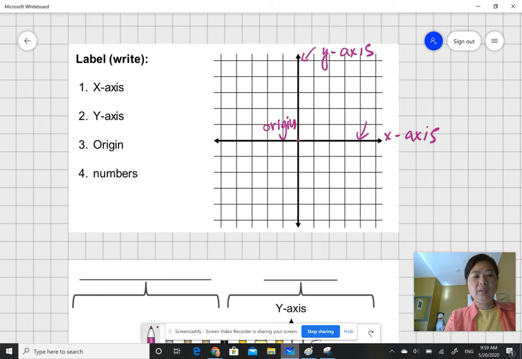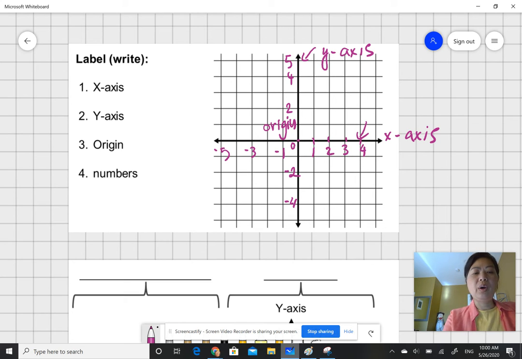And then you also have the numbers on it, right? Because a number line has numbers on it, like 1, 2, 3, 4, and then -1. Of course, this is 0, right? -1, -2, -3, and so on. So this is 0, 1, 2, 4, 5, right? Those are the numbers, the values, okay?